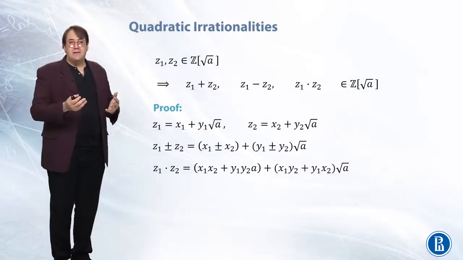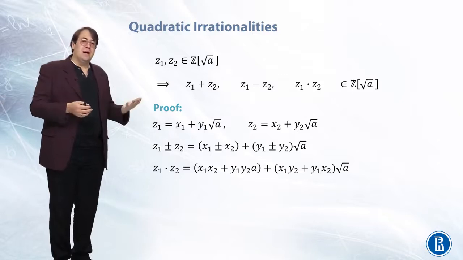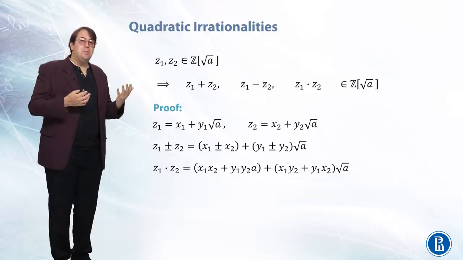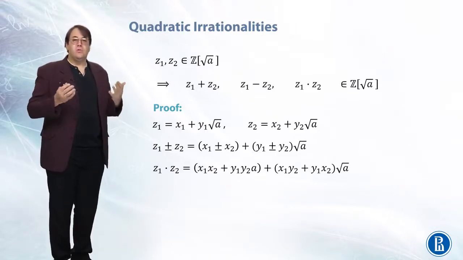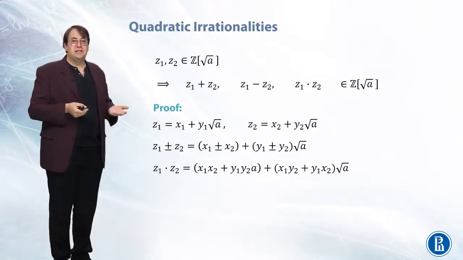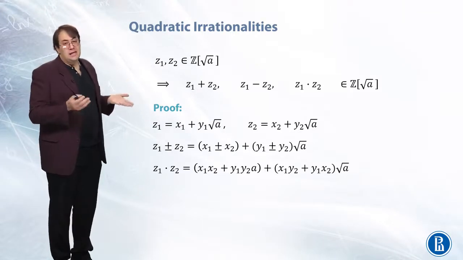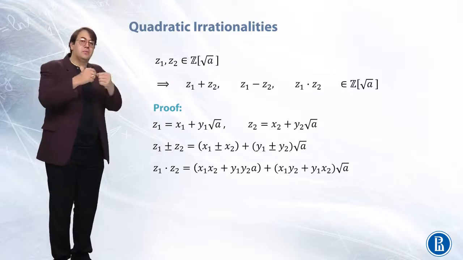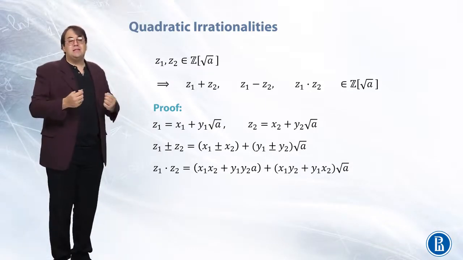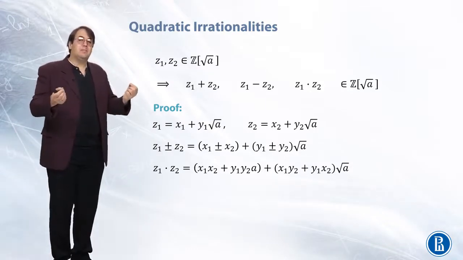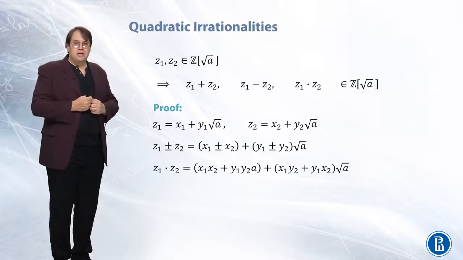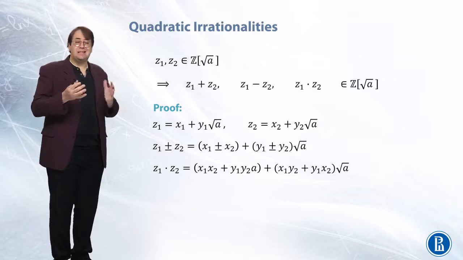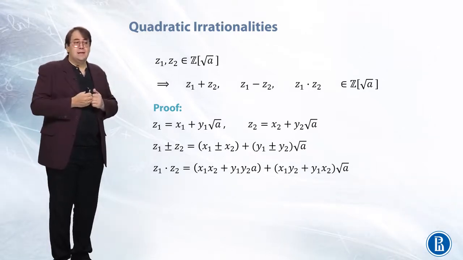And the irrational part of the product of z1 and z2 is of the form integer multiplied by square root of a, and this integer is, as you can see, x1 multiplied by y2, they cross a bit, plus y1 multiplied by x2.